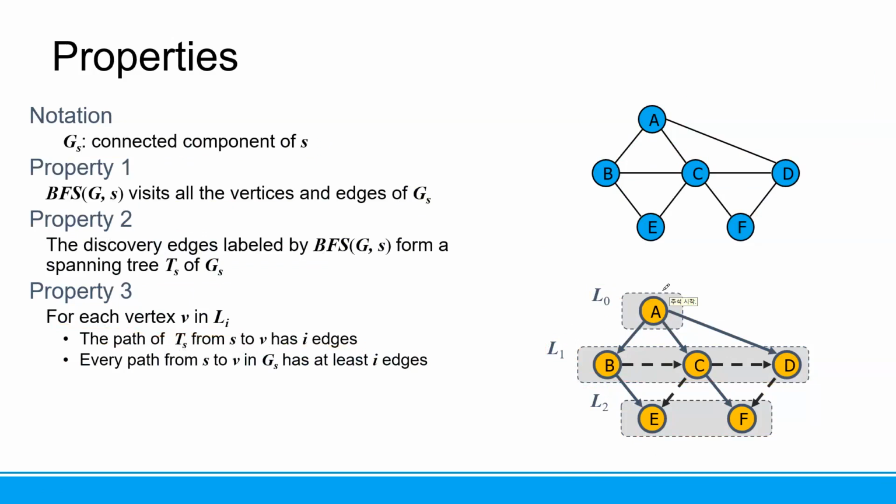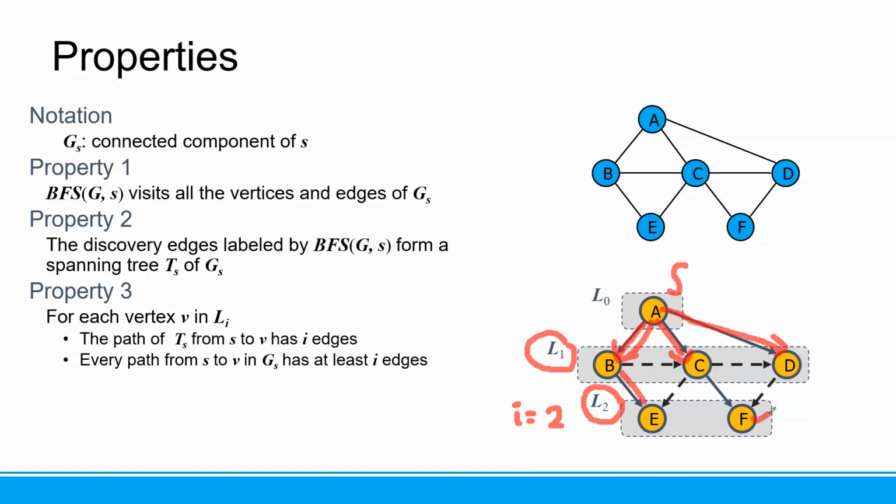So if S is the starting point, then from S to L1, there will be one edge. Here, there will be one edge. Here, there will be one edge. But if we have Li equals to 2, then there will be 1, 2 edges from the starting point.